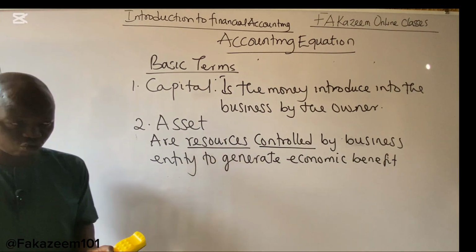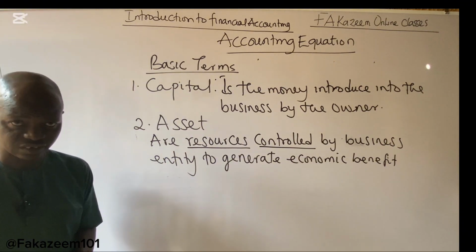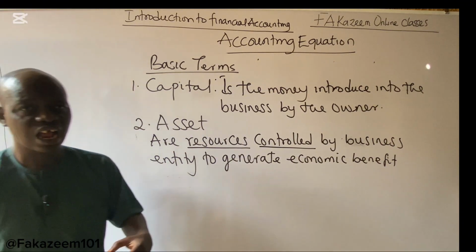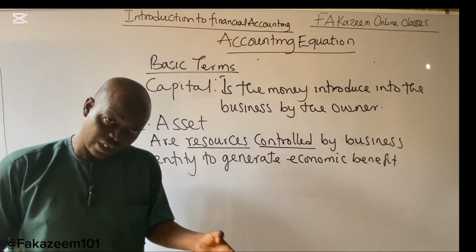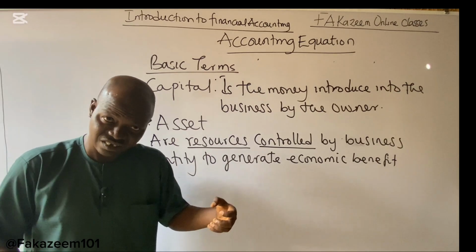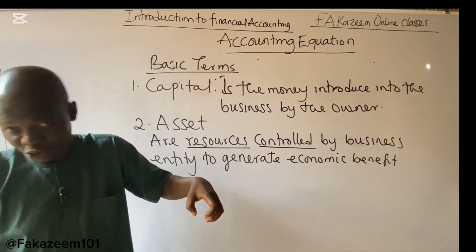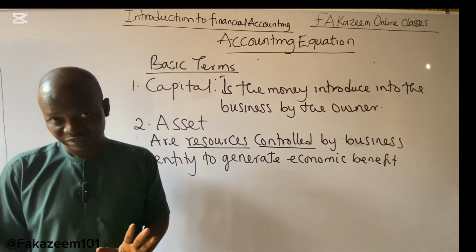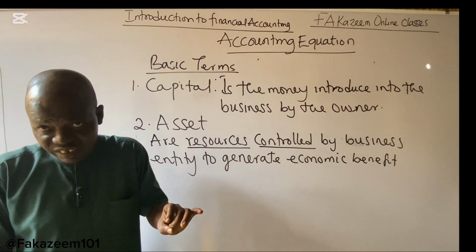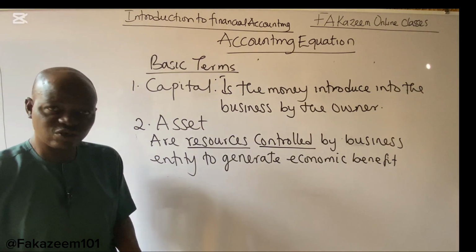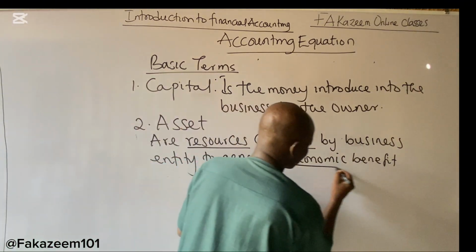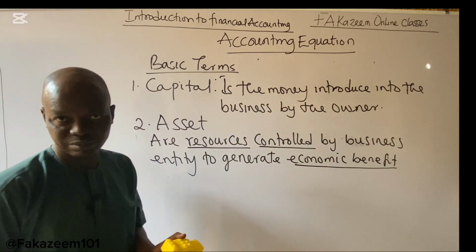What do we mean by control? And what are resources? Resources are things or items in your business that you can use to generate profit. The profit generated in the business is what is known as economic benefit.